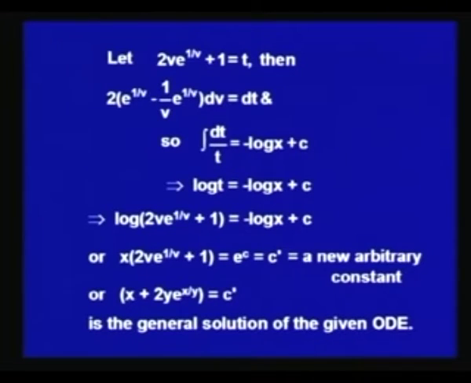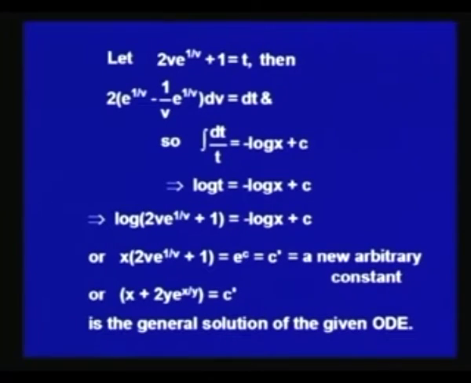The integration gives us log t equal to minus log x plus c, or we may say log of (2v into e to the power 1 over v plus 1) equal to minus log x plus c, which will further give x into (2v e to the power 1 over v plus 1) equal to e to the power c.